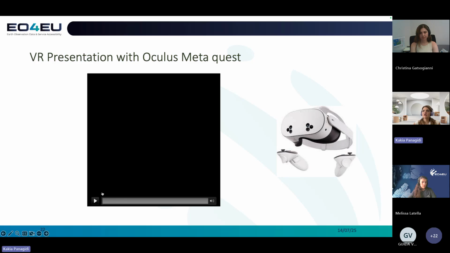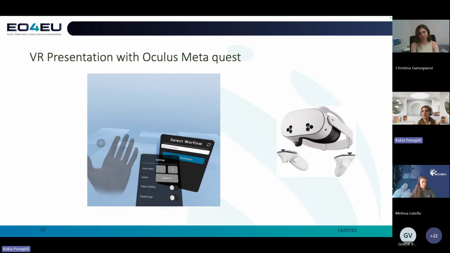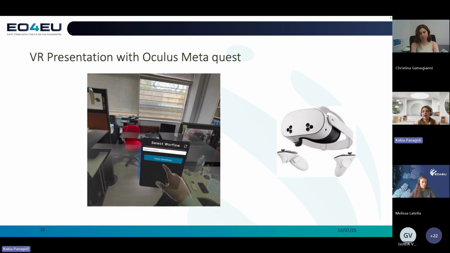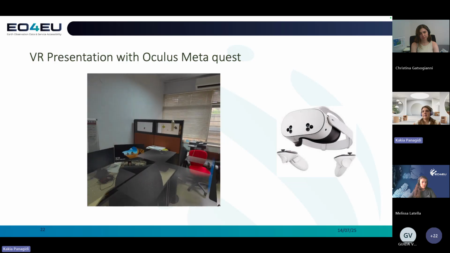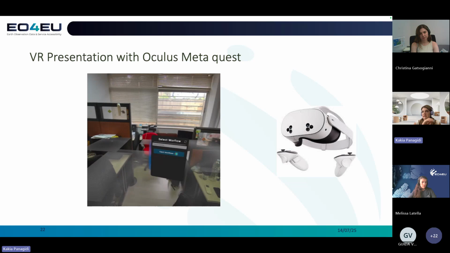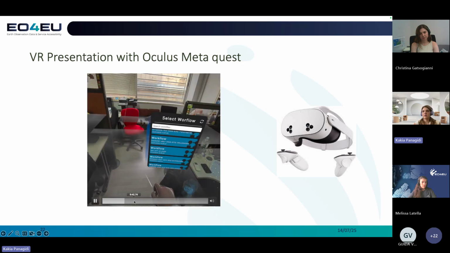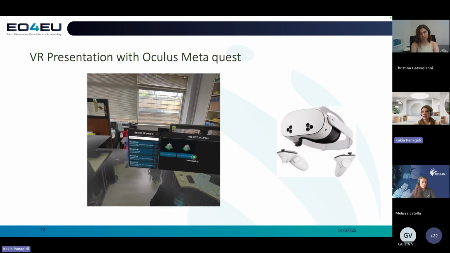Here, I also have a video of a VR representation through the Meta glasses, where you can go through an API provided through the EO4EU platform on the glasses. You can select the workflow. I don't want to waste your time. You can select a specific workflow and the results of the workflow that you have created.